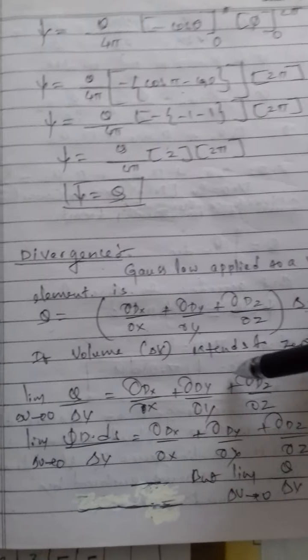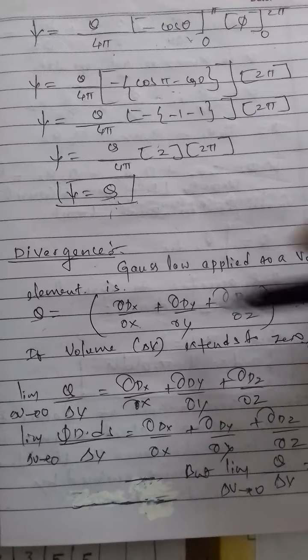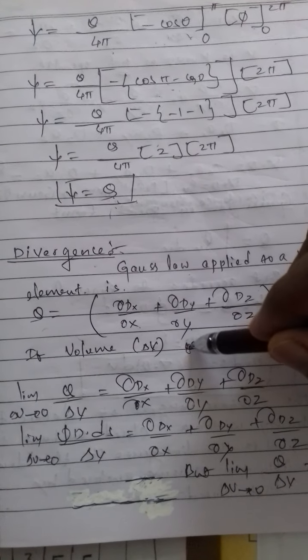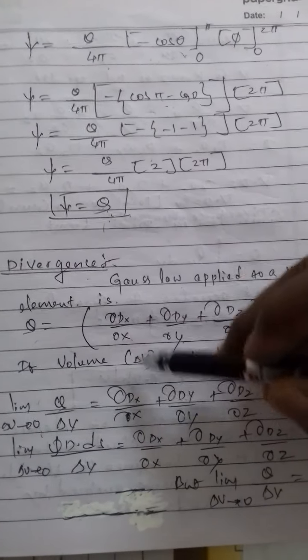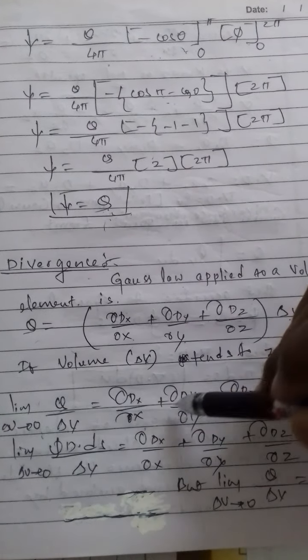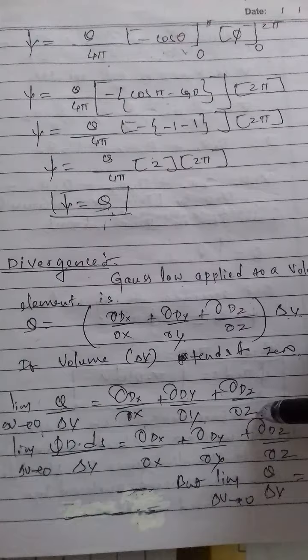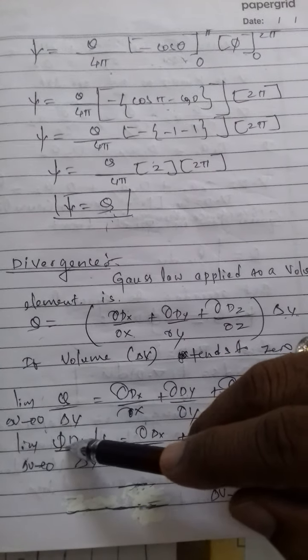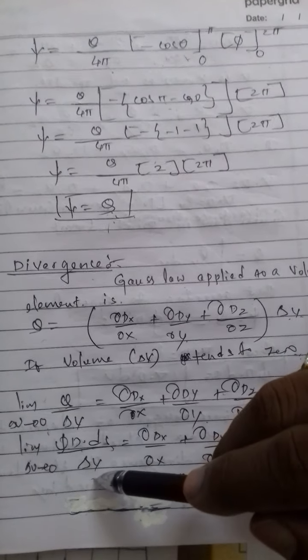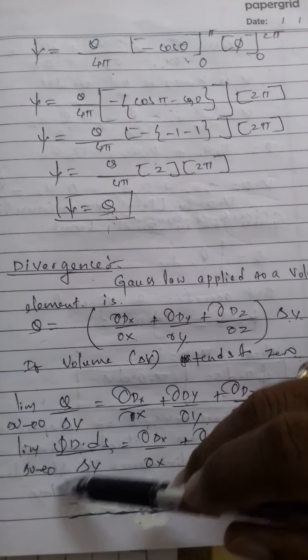If the volume delta v tends to 0, that is Q upon delta v, limit delta v tends to 0, it can be written as ∂Dx/∂x + ∂Dy/∂y + ∂Dz/∂z. And according to Gauss's law, it can be written as the closed integral D dot dS upon delta v, limit delta v tends to 0.